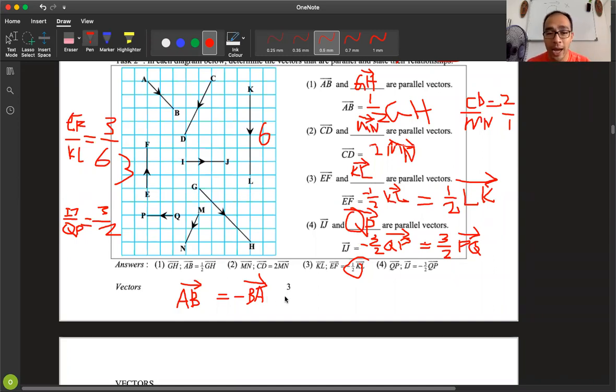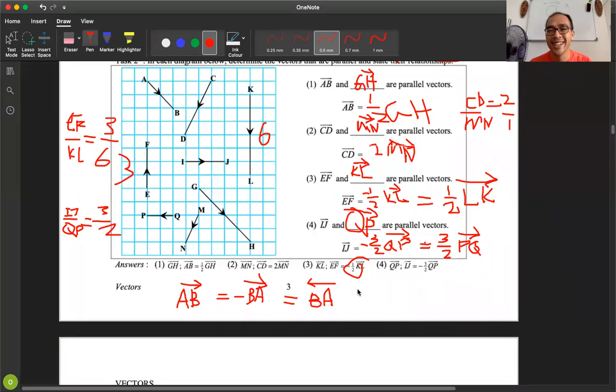I have never seen people do this, BA with the arrow going this way. Although technically it is correct, this and this is the same thing. Ini vector A to B. This is vector A to B. It's technically the same thing. But in terms of mathematical notation, nobody writes to the left.